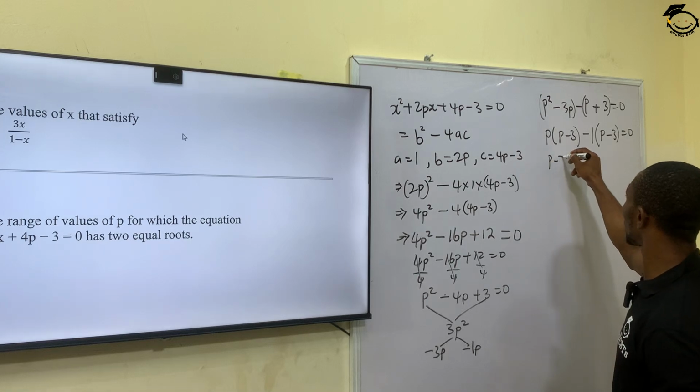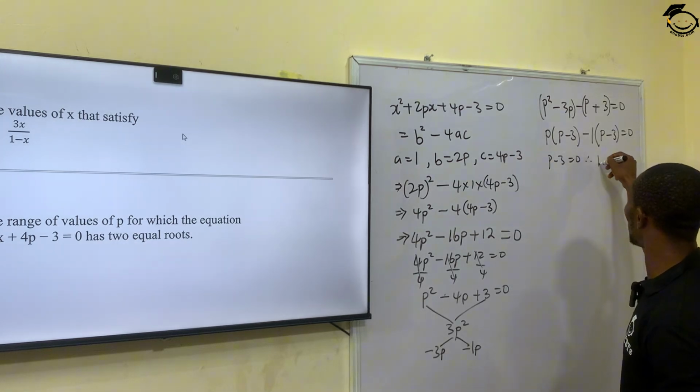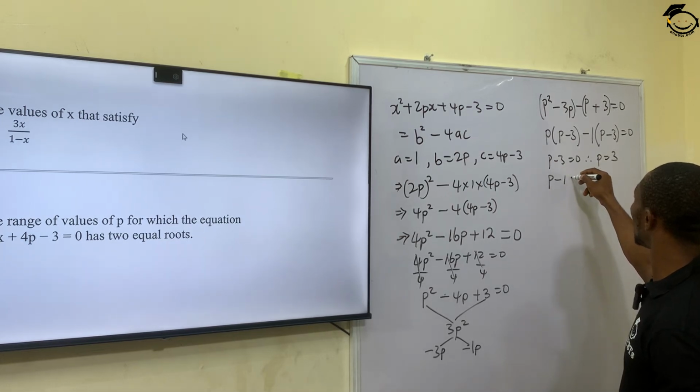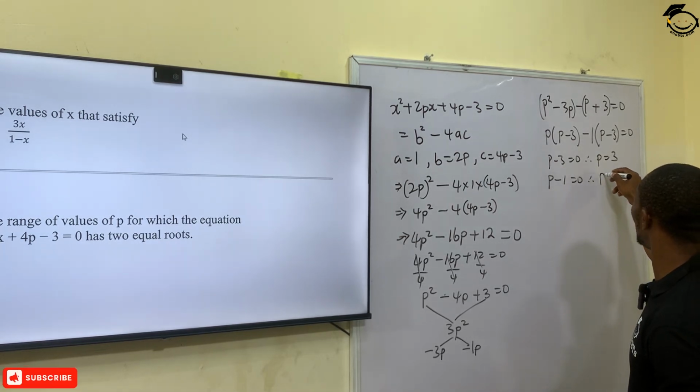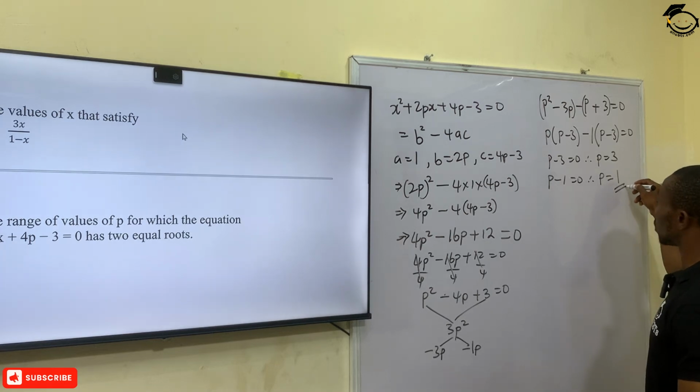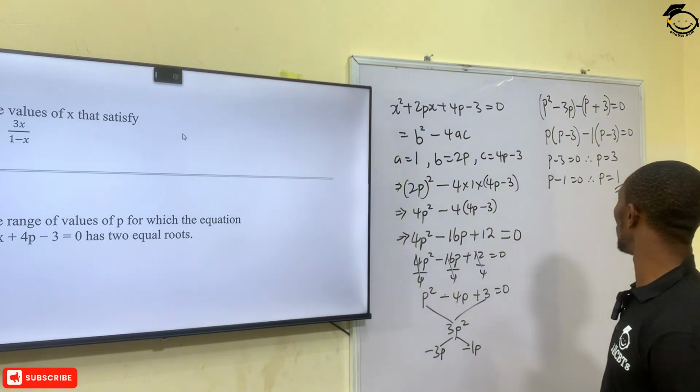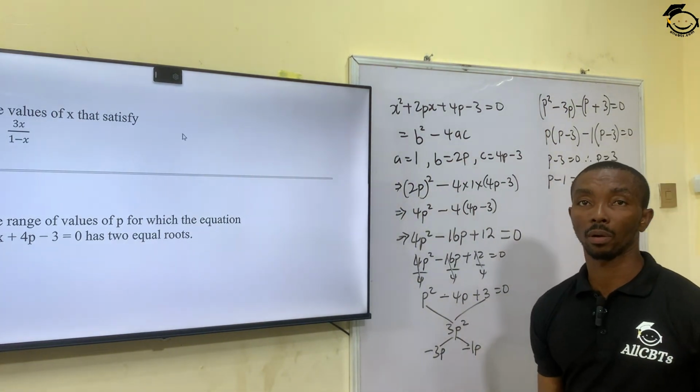So p minus 3 equals 0, therefore p equals 3, and p minus 1 equals 0, therefore p equals 1. So the values of p that give two equal roots will be 1 and 3.